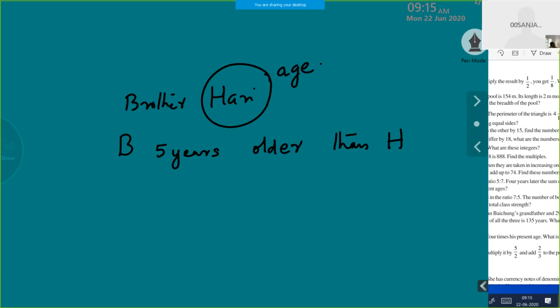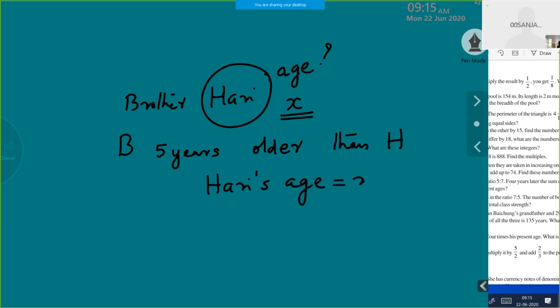The sentence I said will give you an expression. To get the equation, some more conditions will be given. Take what to find out as our variable x. In each question, what you are asked to find out should be taken as the variable. I took Heidi's age as x.